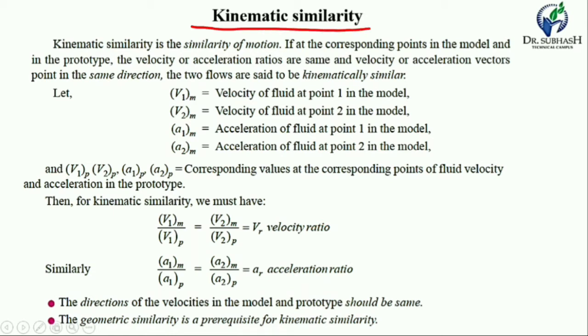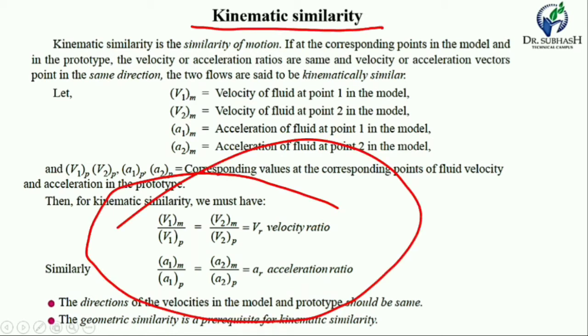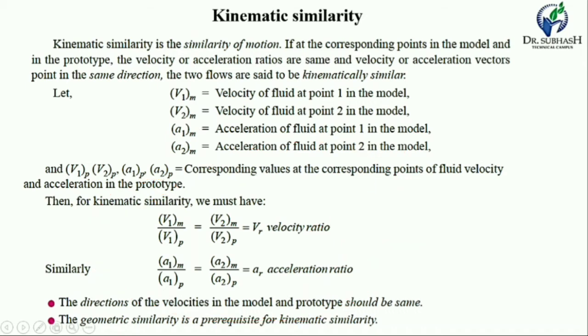So for kinematic similarity, we must follow these conditions. The ratio of velocity at model and prototype at any point must be constant. Then the model is kinematically similar. And there are two notes. The direction of velocities in model and prototype must also be the same.